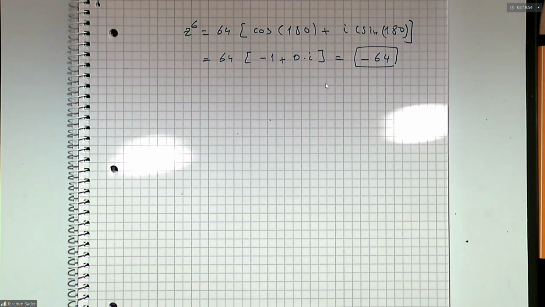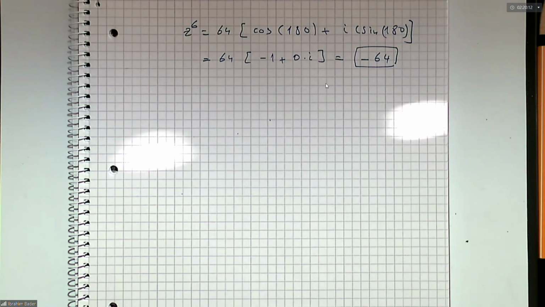Let's say, if we have a fraction, then what does it mean? z to the power 1/2.